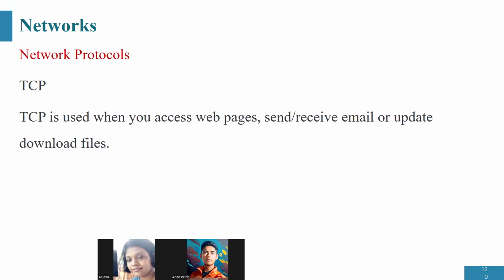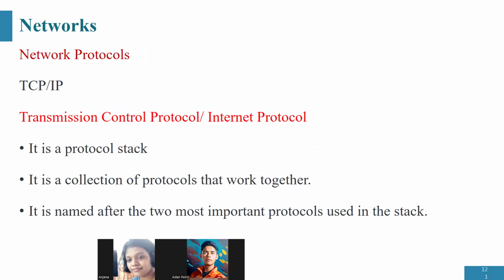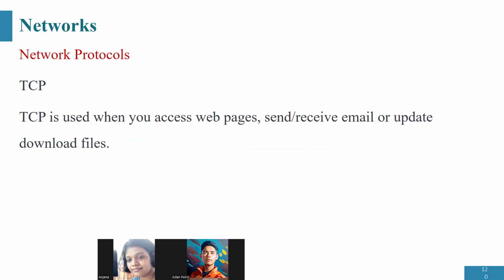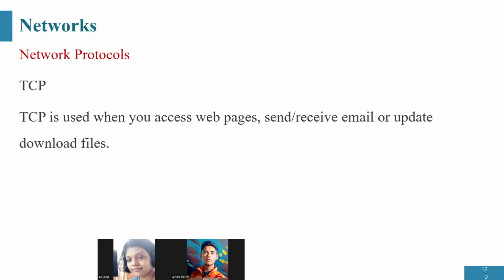Before that, I have to give an example also. Now this is the transmission protocol with the internet protocol. Sometimes two protocols can work together. We call it the TCP/IP protocol stack. Before, TCP was a separate protocol.